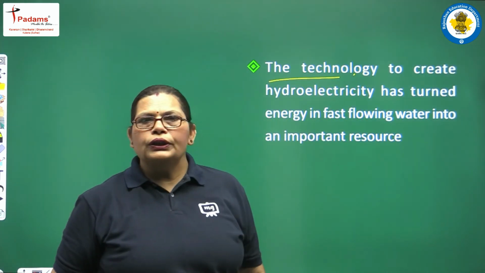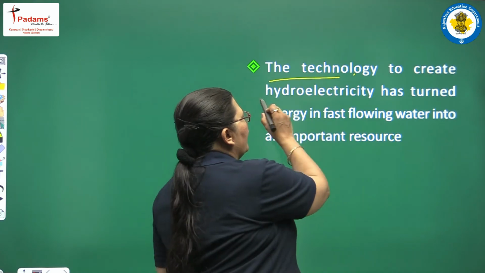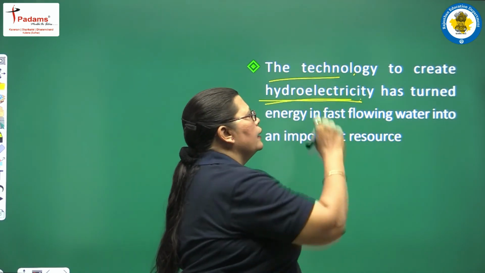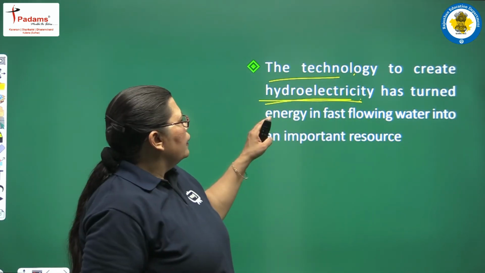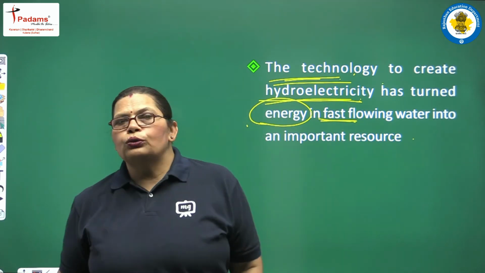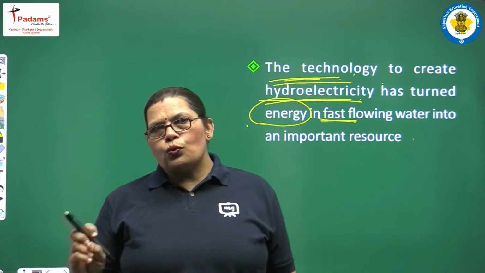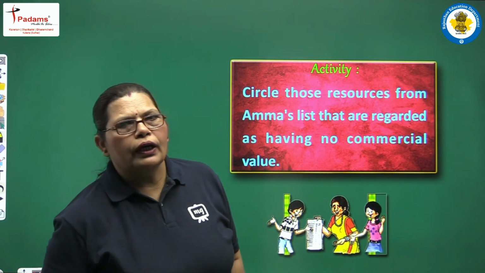The technology also had an important role. The technology to create hydroelectricity has turned energy in fast flowing water. So this one is also an important resource to all of us.